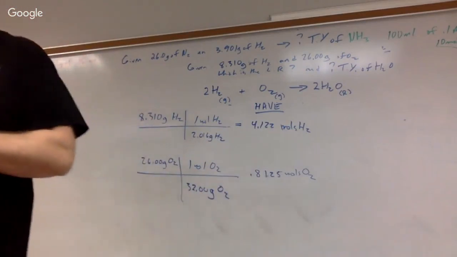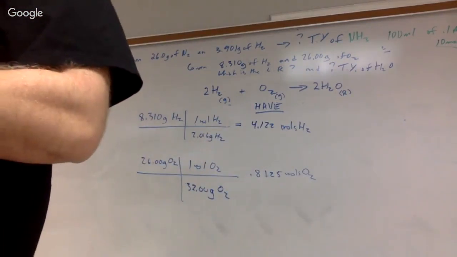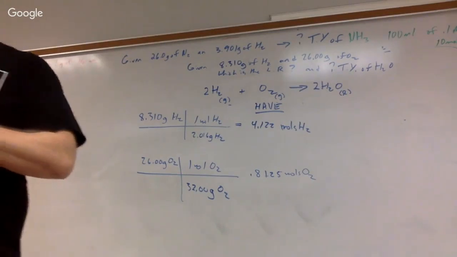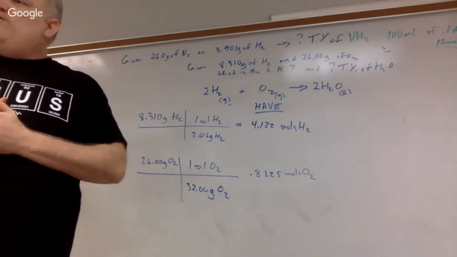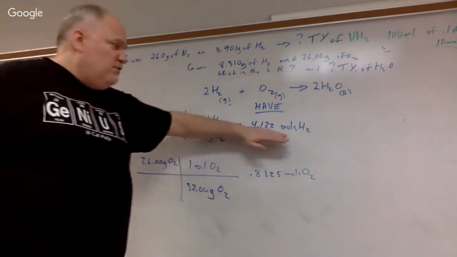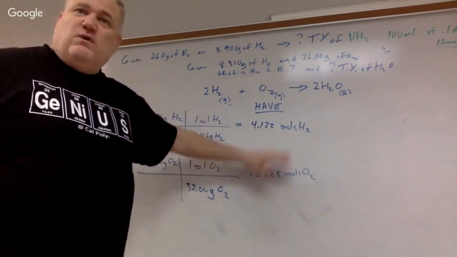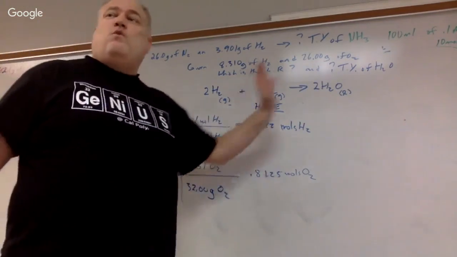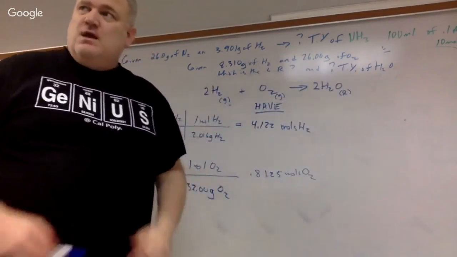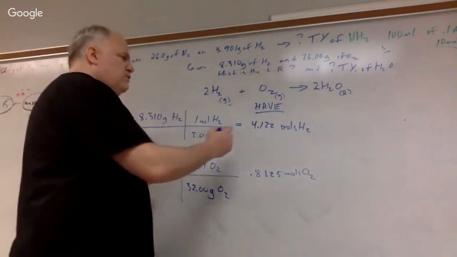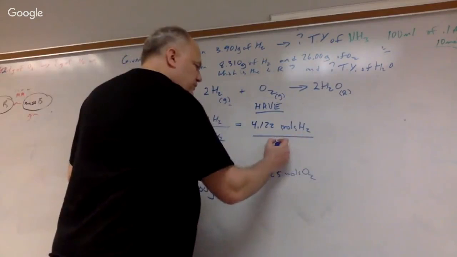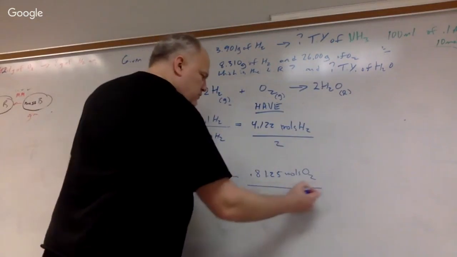Remember our Jedi trick? What's the trick? Divide by the coefficients, right? So even though one of these two are the numbers that I will actually work with in the remainder of the problem, I'm going to use my trick first. So wouldn't I divide my H2 by 2, and wouldn't I divide my O2 by 1?